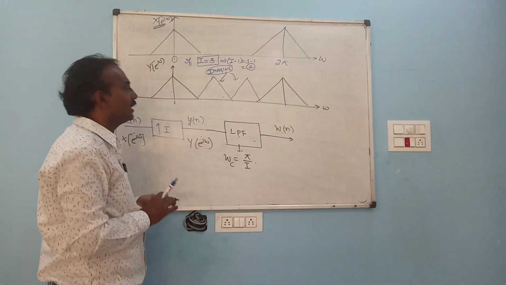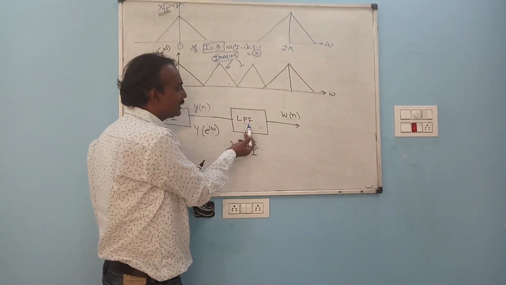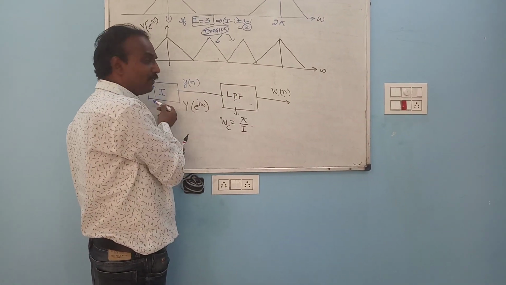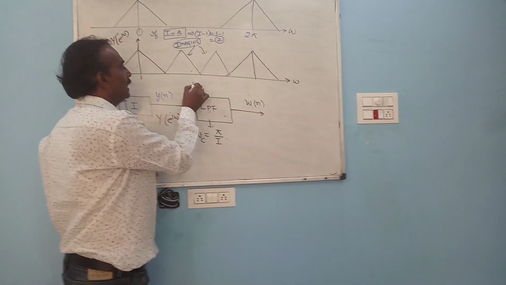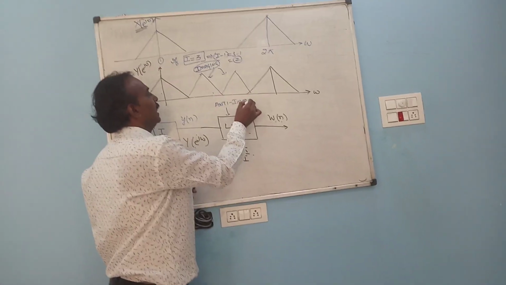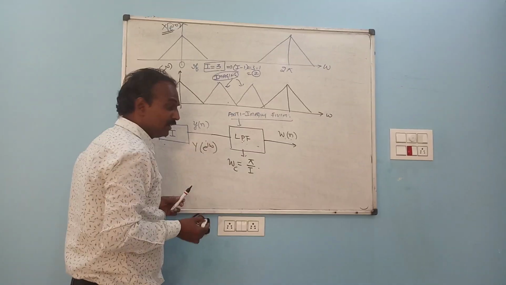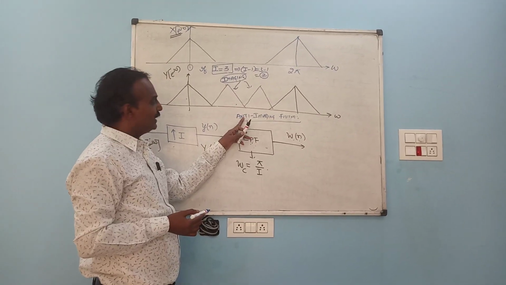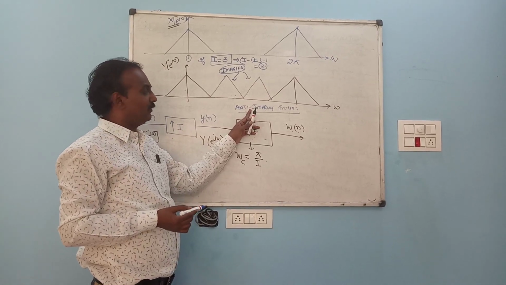The process of adding this filter after upsampling to remove the images, we call an anti-imaging filter.